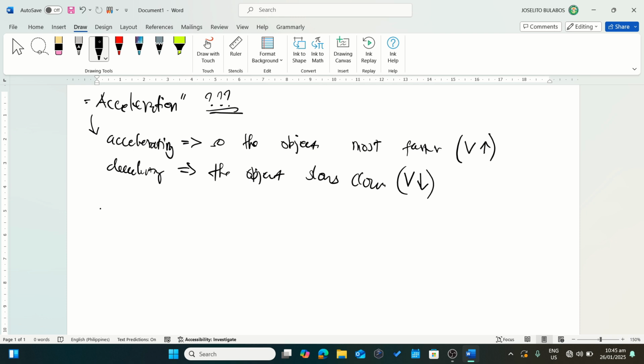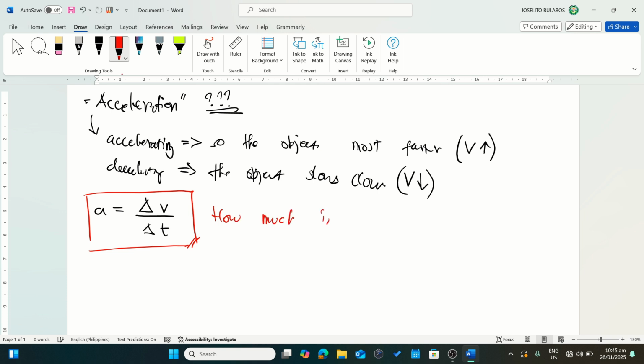So by definition, acceleration, symbolized by a, is nothing but the change in the velocity of the object per unit time. So in short, we want to know how much is the change in the object's velocity.